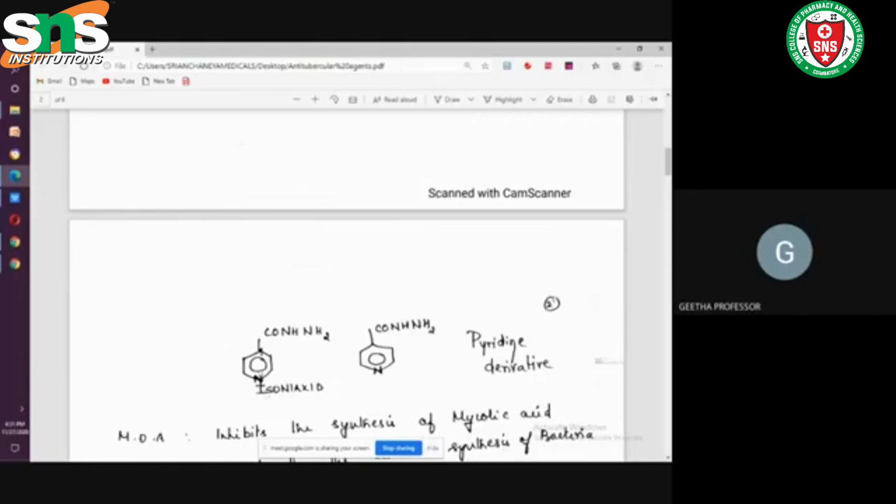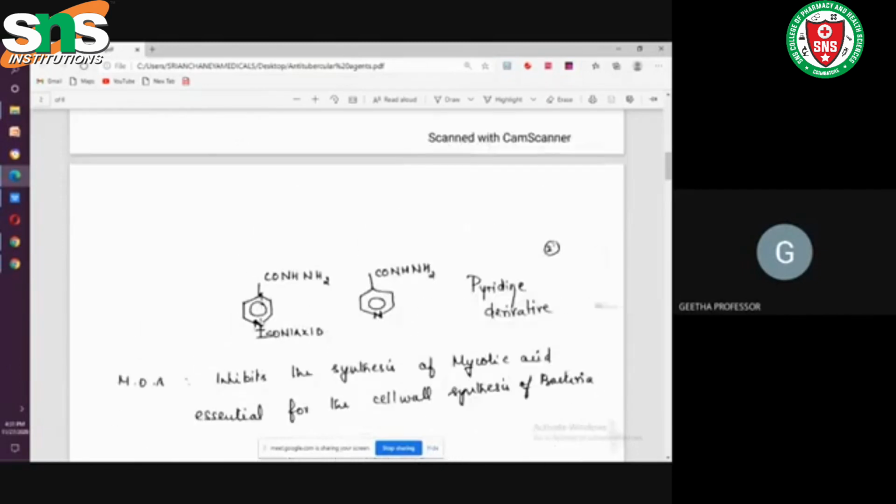This isonicotinic acid hydrazide is formed from nicotinic acid. INH will enter and get converted into isonicotinic acid, and it will mimic mycolic acid and inhibit the cell wall synthesis.